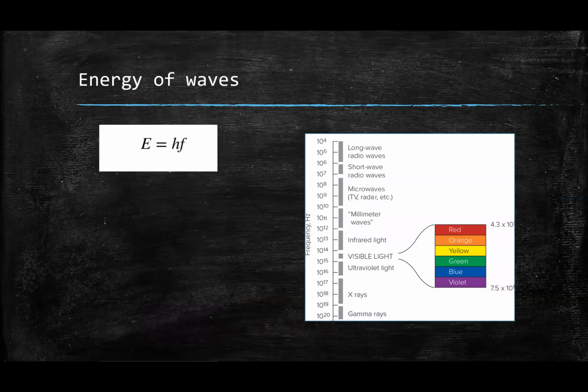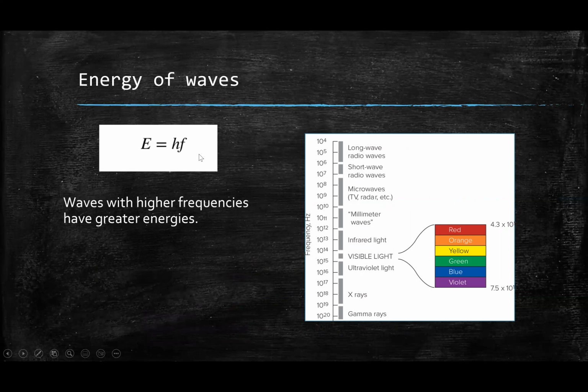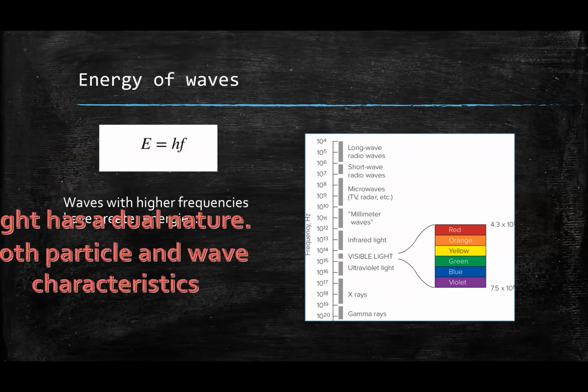So we've seen the energy of our waves would be Planck's constant times the frequency. We can take any frequency for any of the waves that we have, multiply that by the constant, and we can get that energy in joules. Waves with higher frequencies have a greater amount of energy.